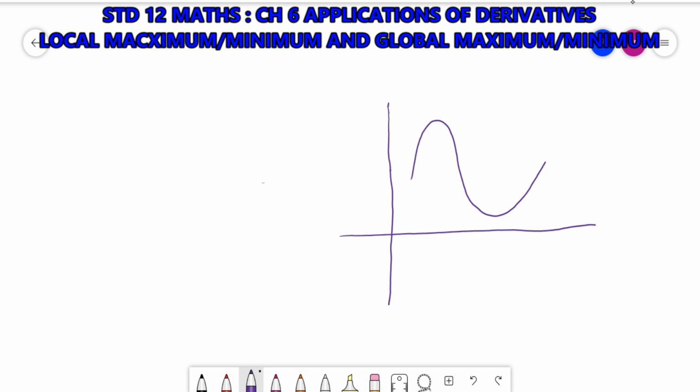Now this point is x1, let's say equal to a, and this point is x2, let's say equal to b. And all the corresponding points here are f(x). So this axis is y equal to f(x), and this is x. So now see, here x belongs to A to B. This is the minimum value of x, and this is the maximum value of x, A to B.